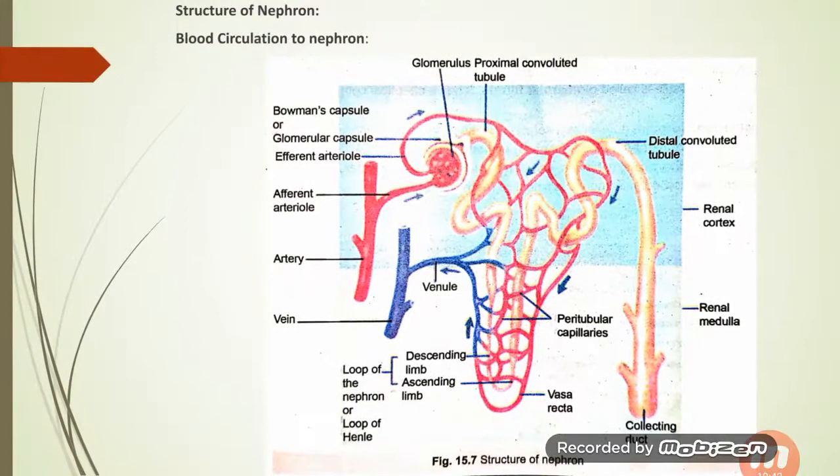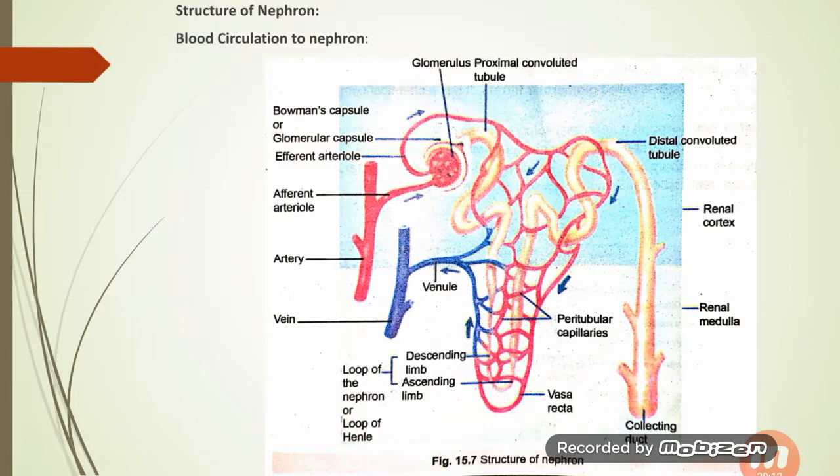And collectively they are called the loop of Henle or the loop of the nephron. Then the loop of Henle also contains a structure that is called vasa recta. Vasa recta is an additional capillary network that extends down to form a loop of vessels.